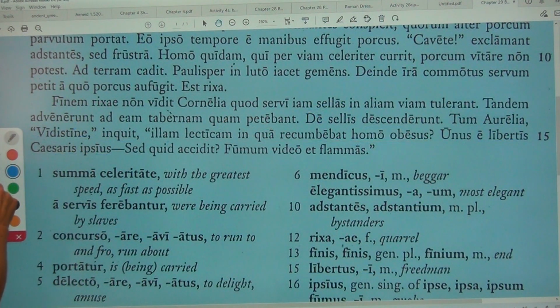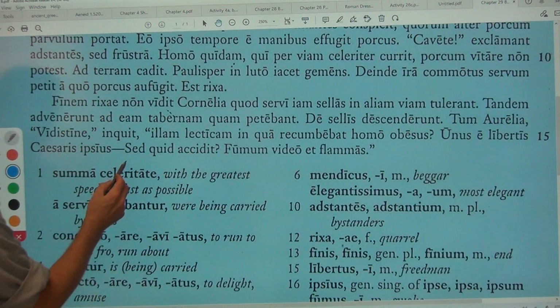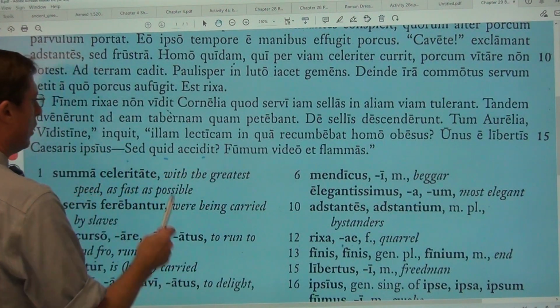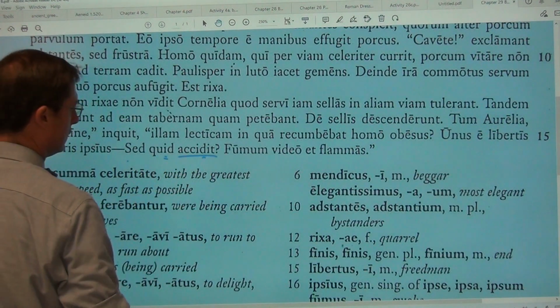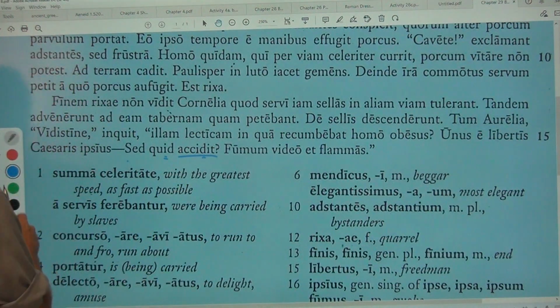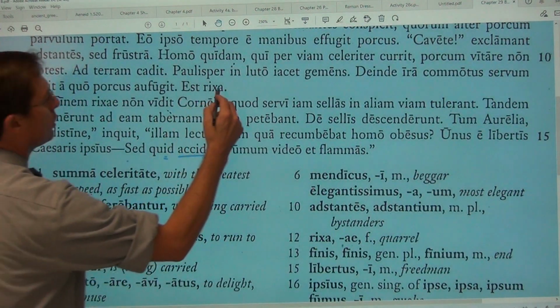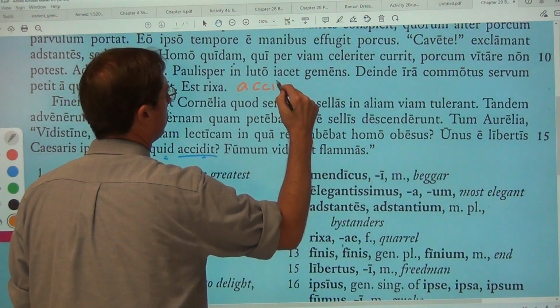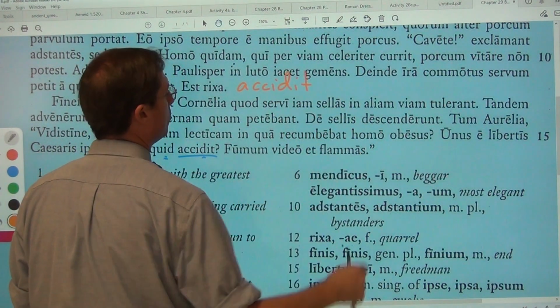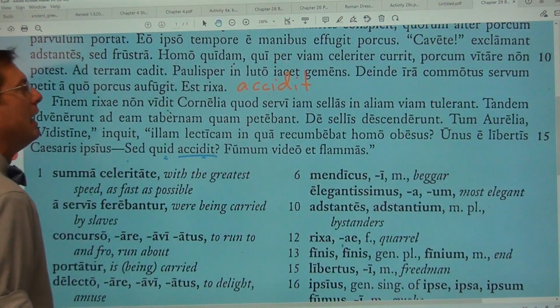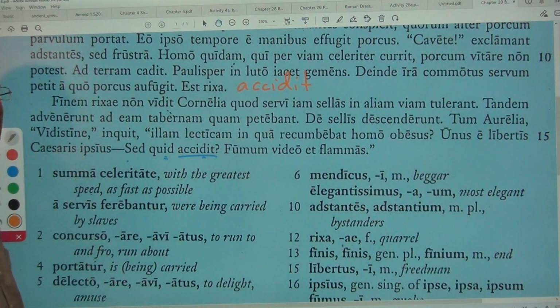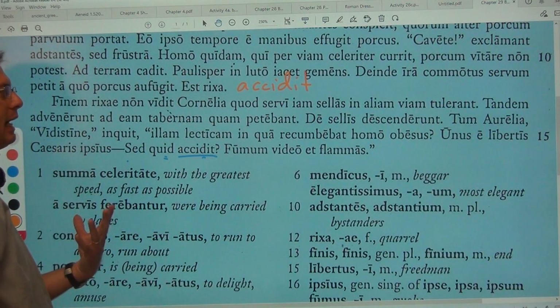And so we're almost done. Let's go ahead and get there. Sed quid accidit. But what happened? Now note, and I've said this about accidit before, if you look at accidit's principal parts, its first principal part is not going to have an O because it is always third person. And most often it is actually going to be impersonal, as in "it happens."